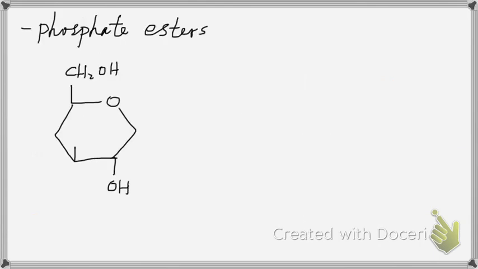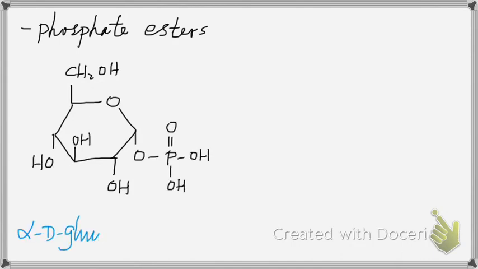And lastly, phosphate esters. We can have phosphoric acid to form an ester linkage with any of the OH groups in a sugar molecule. For example, here the phosphate group is attached to carbon 1.